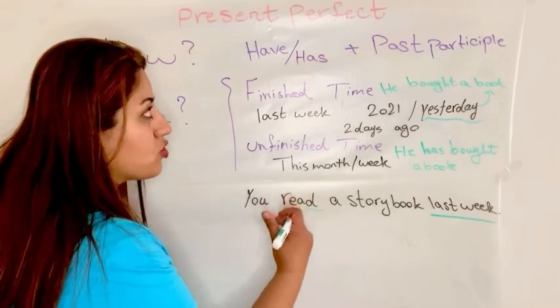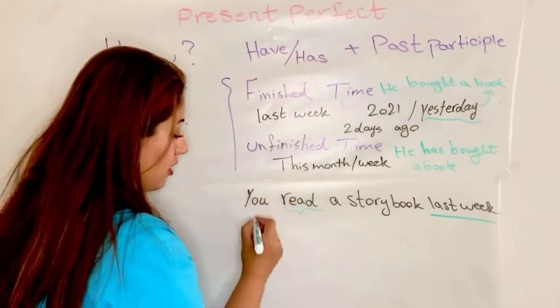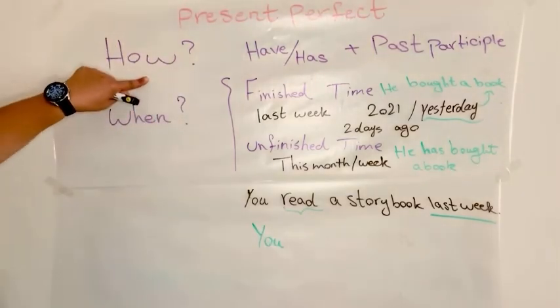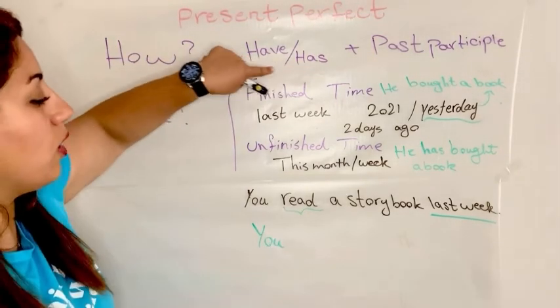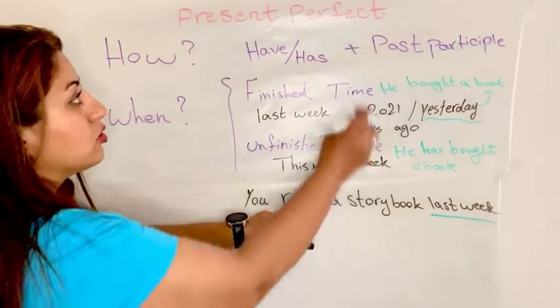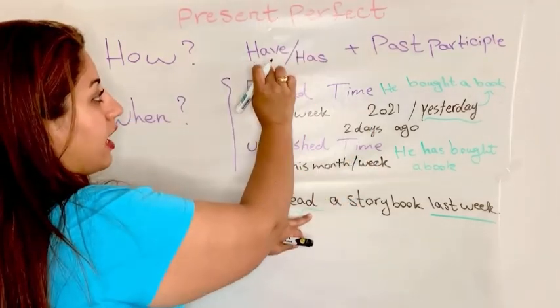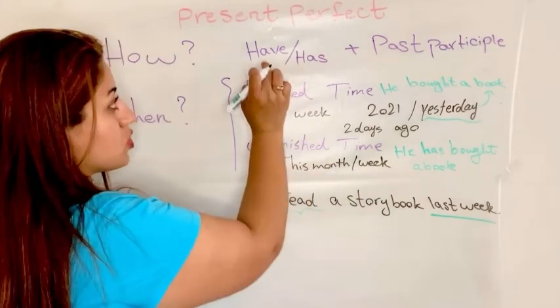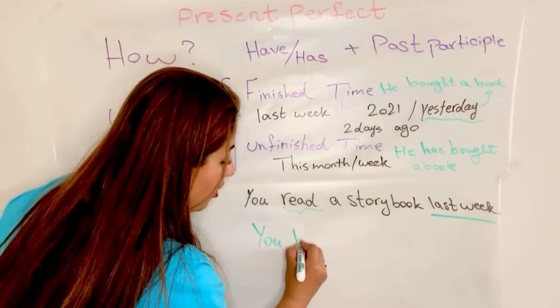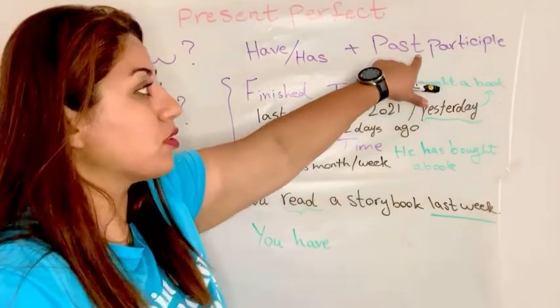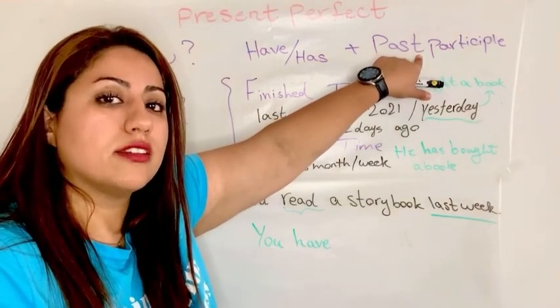Now I want to change it to present perfect tense. I have the subject. Now for the how part, check the formula. What do I need to change the verb from past simple to present perfect? I need have or has. And based on the subject, which is you, I use have. You have read, the past participle. Read, read, read.